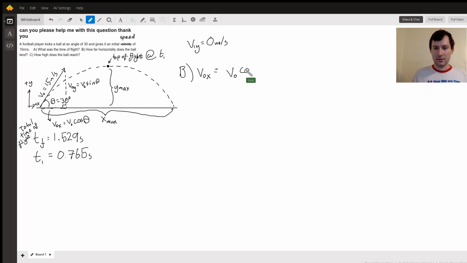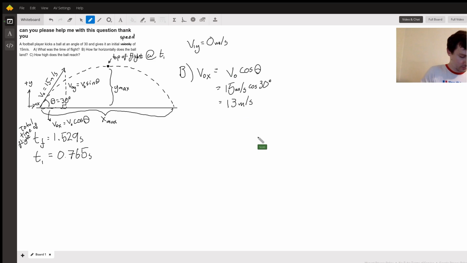That's 15 meters per second times the cosine of 30. 15 cosine 30 is 12.99, so 13 meters per second. And that tells you everything you need to know about the horizontal motion of the ball.